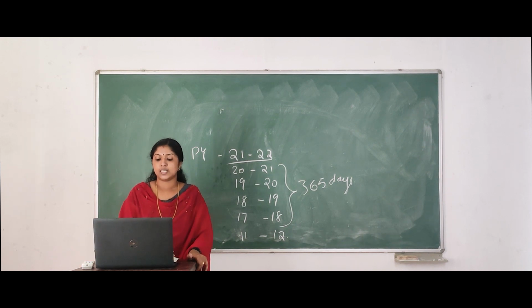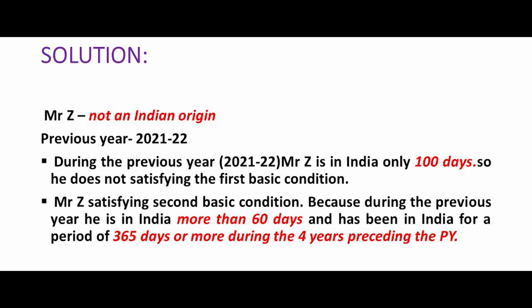Next, what is the next basic condition? The next basic condition is 60 days or more than 60 days, and 365 days out of 4 years preceding the previous year. Then we can say in 2021-22 Mr. Z stayed 100 days.